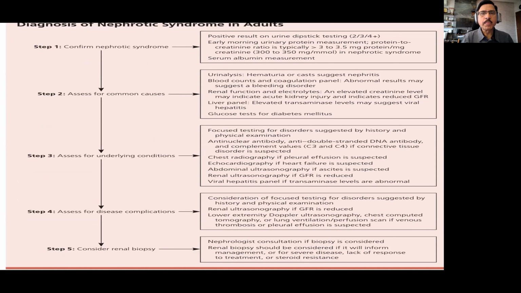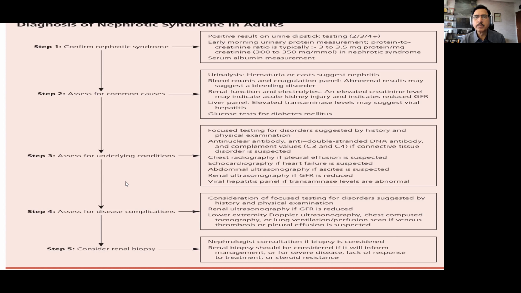In the diagnosis of nephrotic syndrome, first we confirm whether it's nephrotic syndrome or not, based on urine analysis. In urine analysis, albuminuria more than 3+ or 4+, and early morning urinary protein more than 3 to 3.5 grams, that is, 3 to 3.5 mg protein per 300 to 350 mg of creatinine, the UPCR ratio.